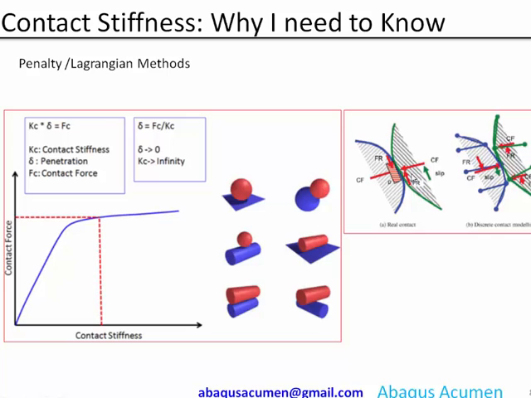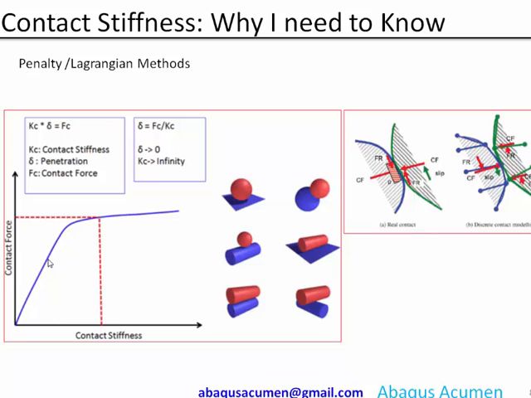But if you are not using Abaqus, and use some other software like ANSYS, then some software uses a penalty method, and with the penalty method you have to put in the contact stiffness manually. In that case you start with some contact stiffness between the two contacting bodies.